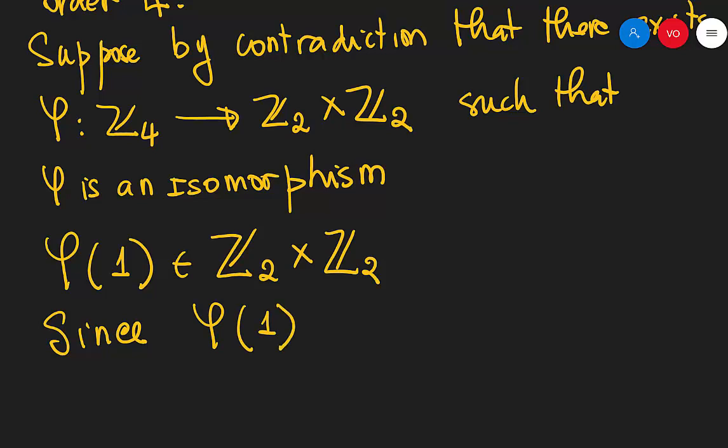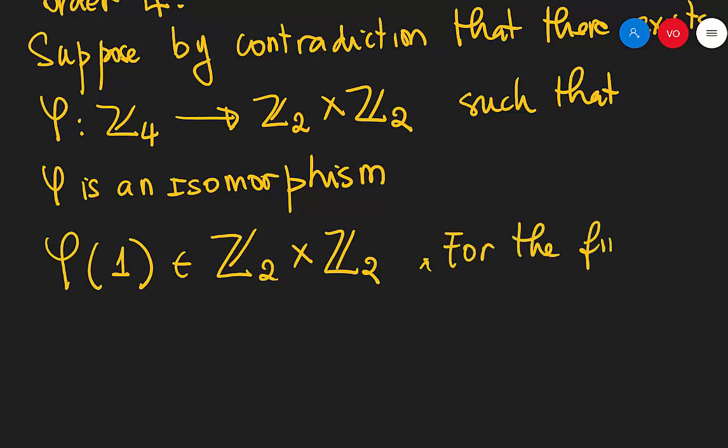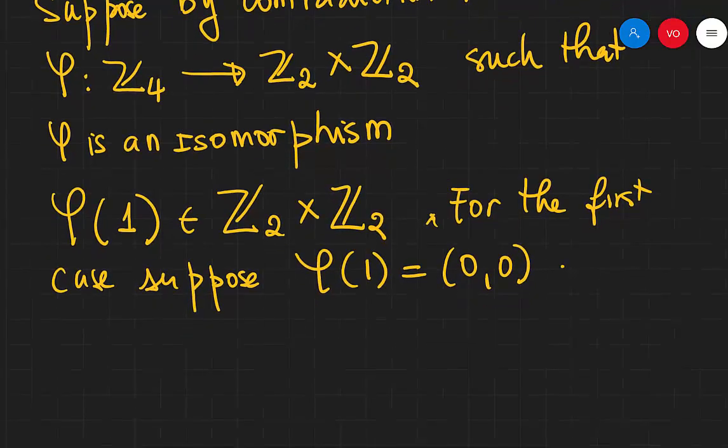So there are two options. For the first case, suppose that phi of 1 is the identity element in Z2 cross Z2.